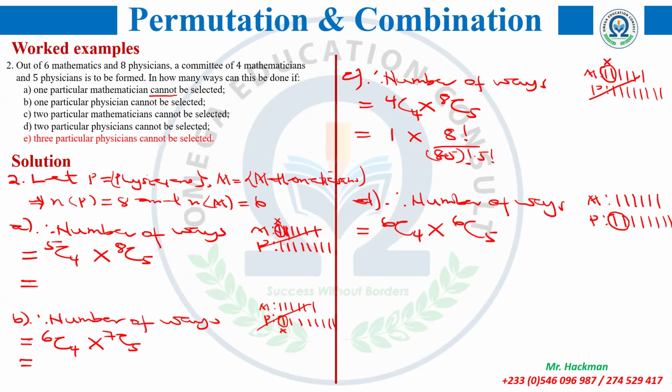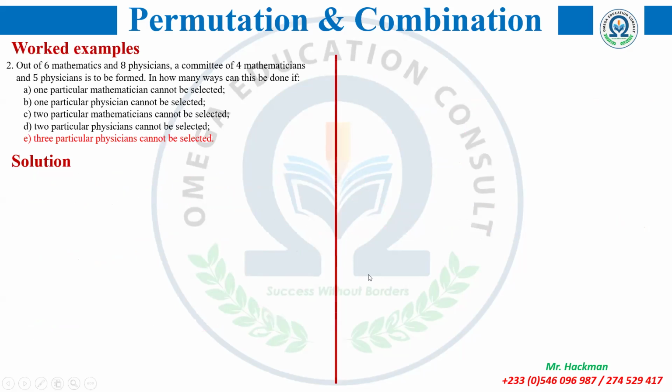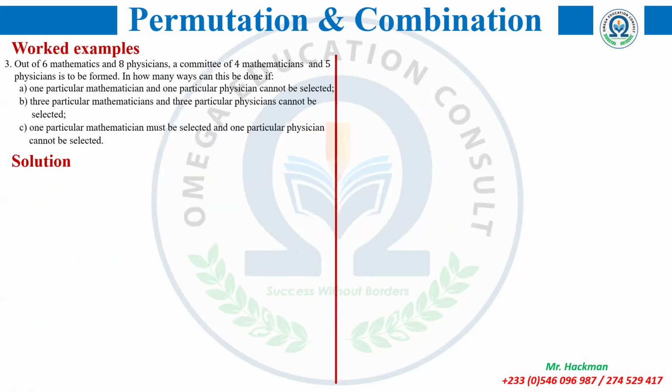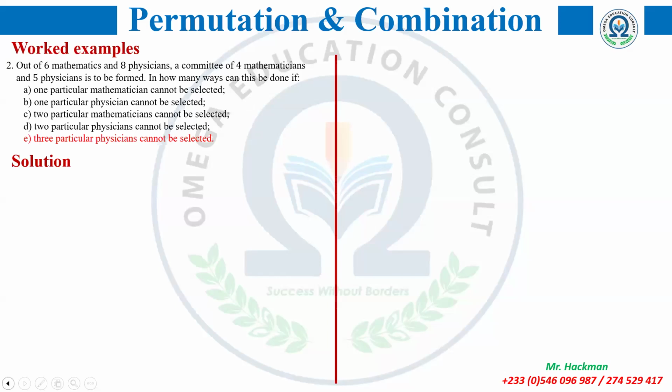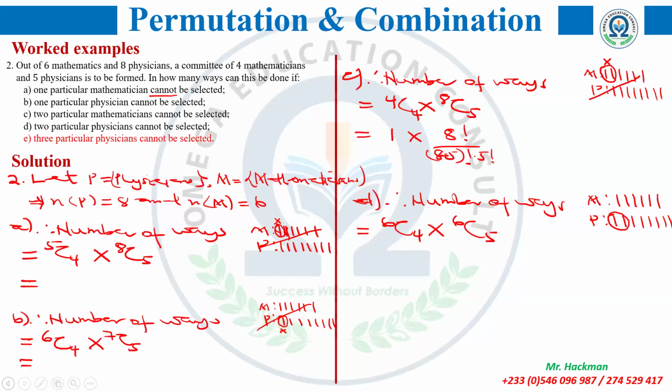So in our next meeting, we'll look at a situation where restriction is imposed on more than one category. So you can see one particular mathematician, so restriction on mathematicians, and one particular physician, restriction on physicians as well. We'll look at such situations and how to deal with that in our next meeting. Is my point well made?